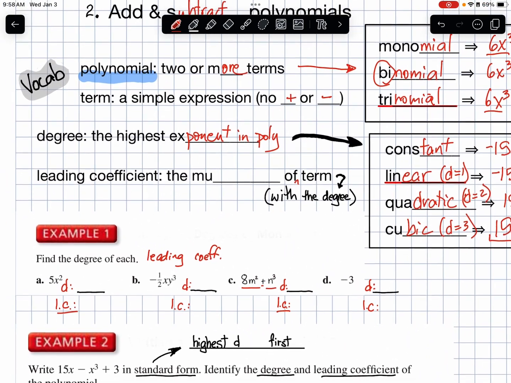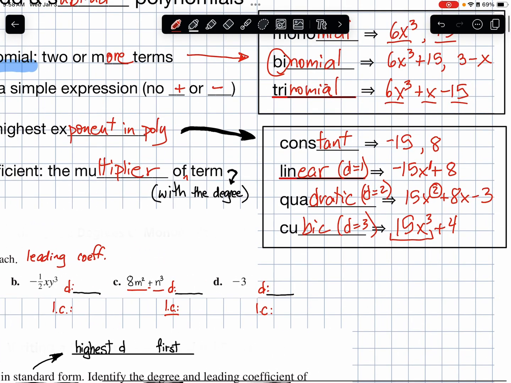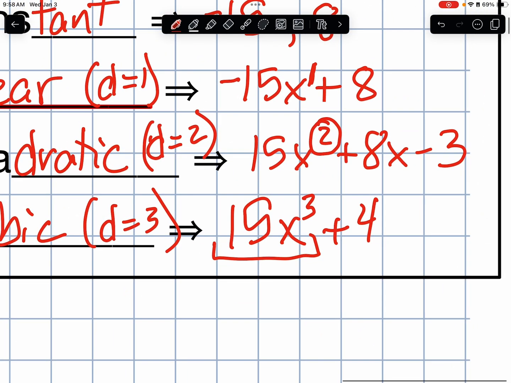So finally, before we jump into some problems, they're going to ask for what is the leading coefficient? A leading coefficient is the multiplier of the term with the highest exponent, which we call with the degree. So in this last problem here, 15 would be my leading coefficient. 15 would be my leading coefficient here.